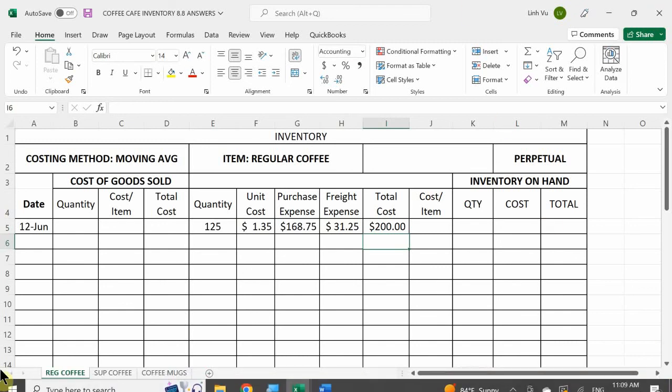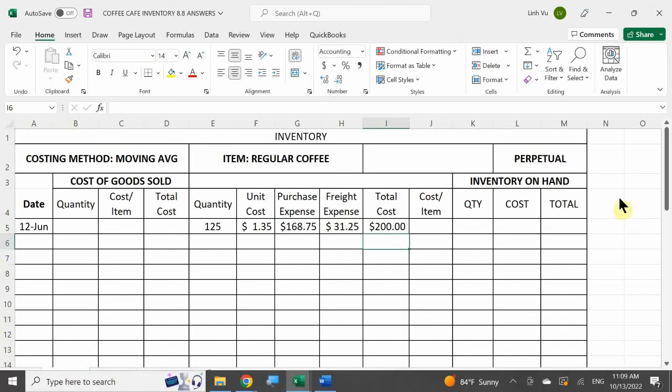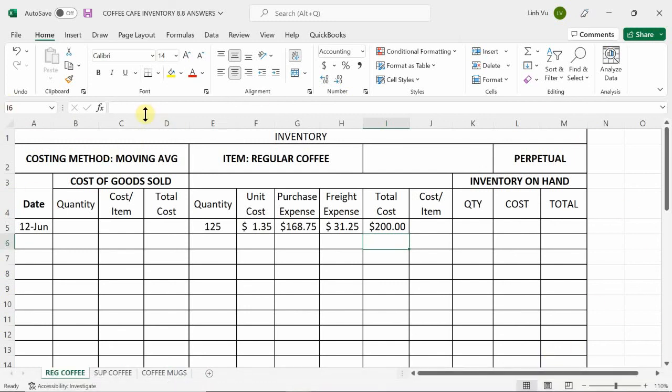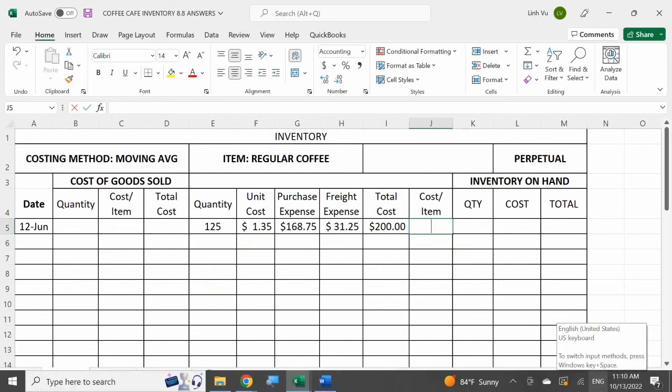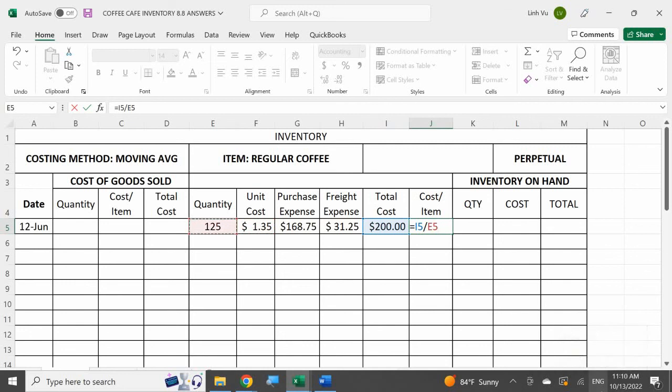Okay? So in this case, because I have my very first batch of inventory, for moving average, we still need to solve for what my total average cost per item is going to be. So, how do I solve for my cost per item? Total cost divided by quantity.